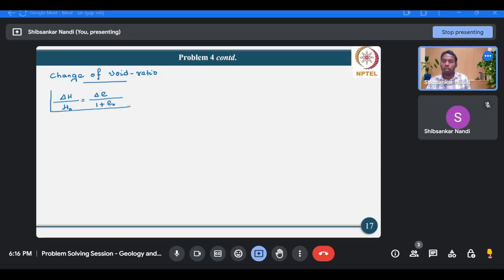So this is the expression where delta H is the change in thickness, H naught is the original or reference thickness with respect to which we are calculating the change, delta E is the change in void ratio, and E naught, again, is the reference void ratio.